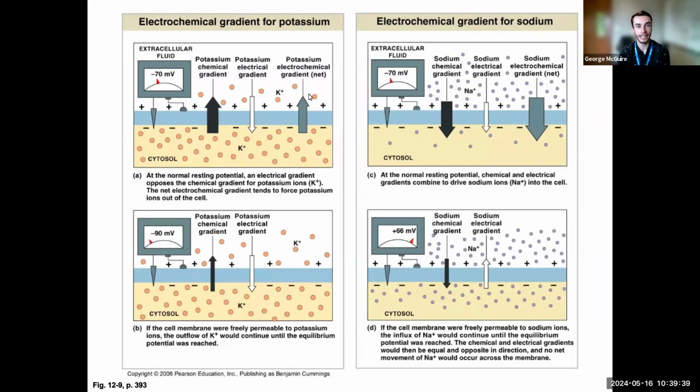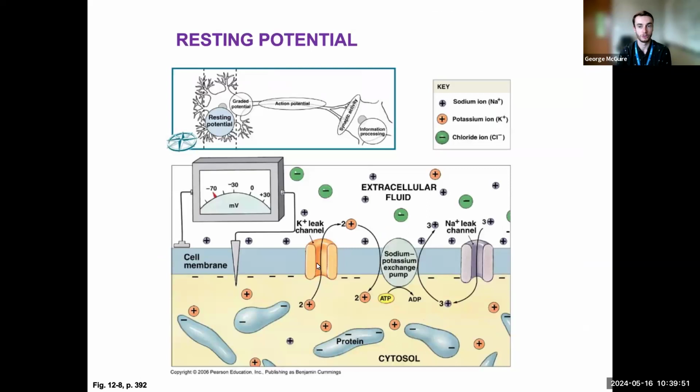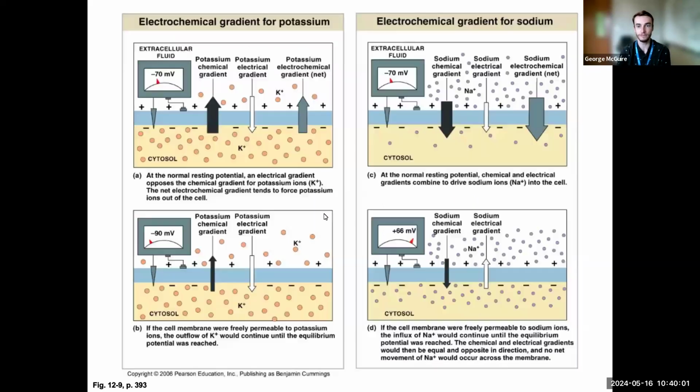And so the overall net electrochemical gradient on potassium is pushing it out. So we have a relatively weak electrochemical gradient pushing potassium out of the cell. And so when these leak channels are open and there is space for potassium to move, it is naturally going to be moving out of the cell because of that combined electrochemical gradient.